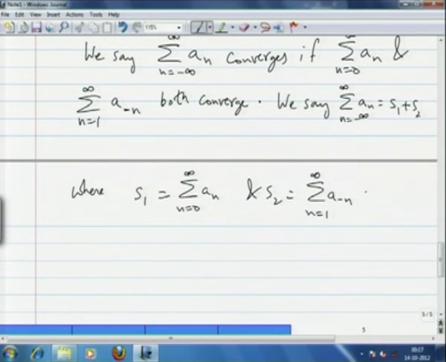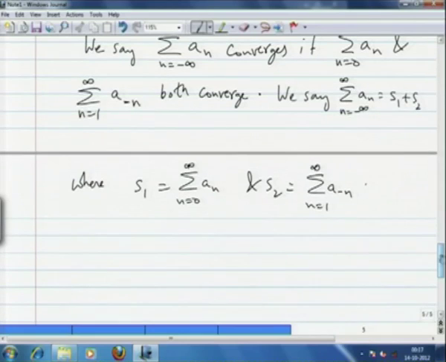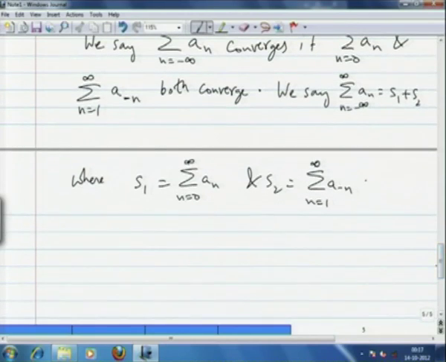So, if we call the convergent quantities S1 and S2, then the original quantity is S1 plus S2.